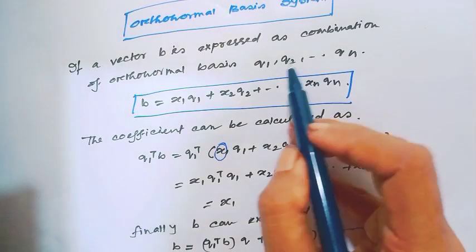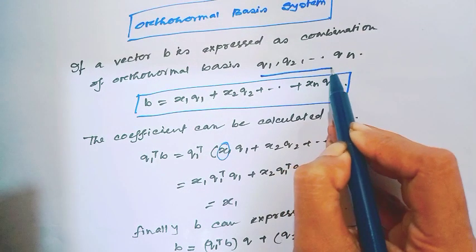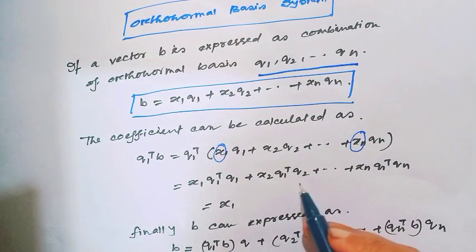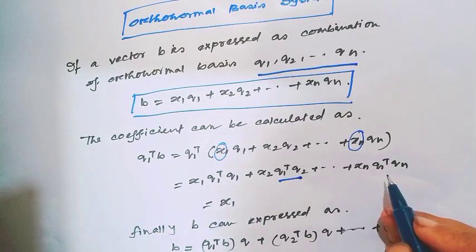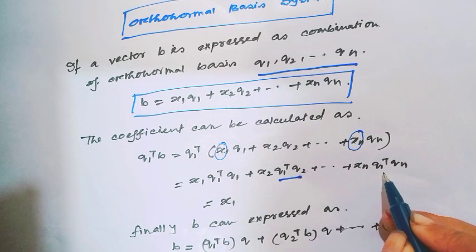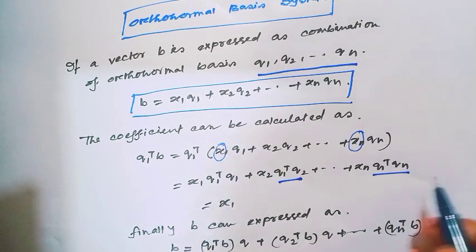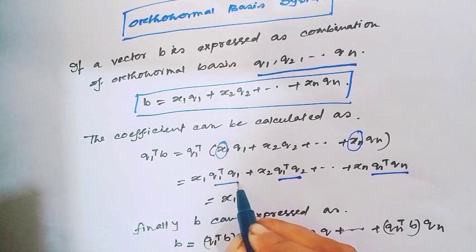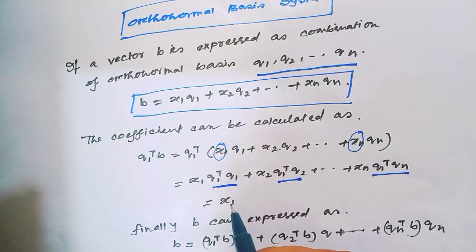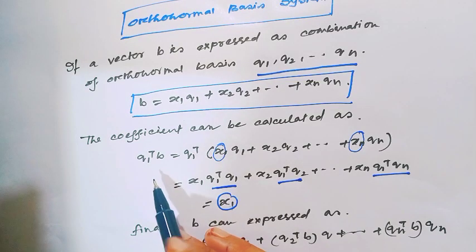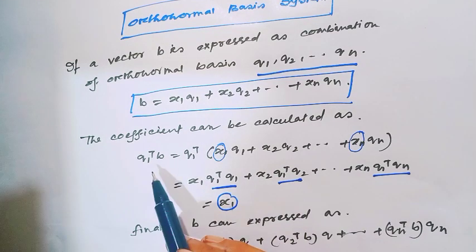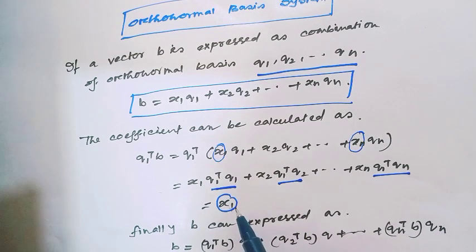Since q1, q2, up to qn are an orthonormal basis, q1 transpose q2 would be 0. Similarly, q1 transpose qn would be 0. Only q1 transpose q1 would be 1. That means this value is actually x1. So when I multiply this equation by q1 transpose, I get x1.